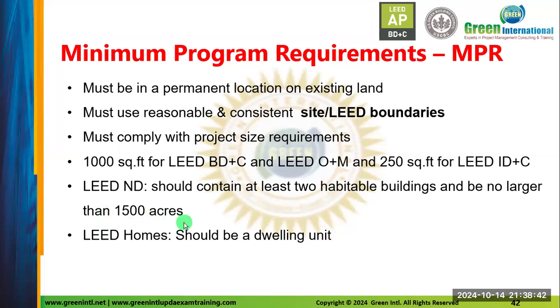That is the point. If you are more than 1,500 acres, go for LEED Cities and Communities, the new system. If you are smaller than 1,500 acres, you can still have a choice between LEED Cities and Communities and LEED v4 ND. Okay, clear?